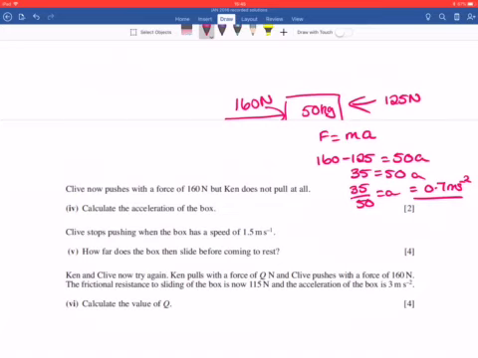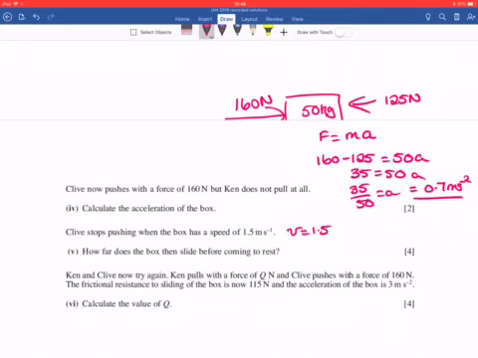Okay, so we've done that. Clive stops pushing when the box has a speed of 1.5, so v equals 1.5. How far does the box then slide before coming to rest? So it doesn't have any force on it, only the resistance.